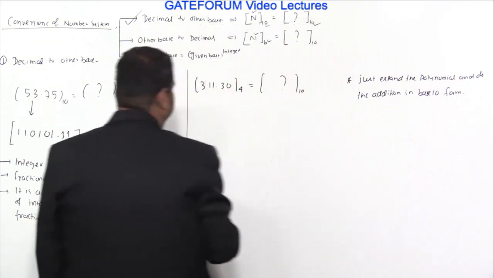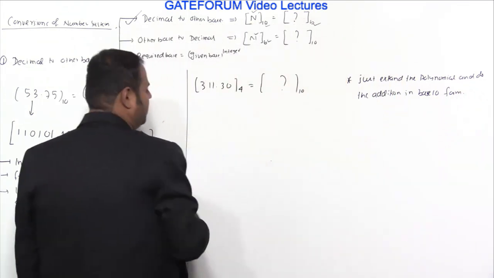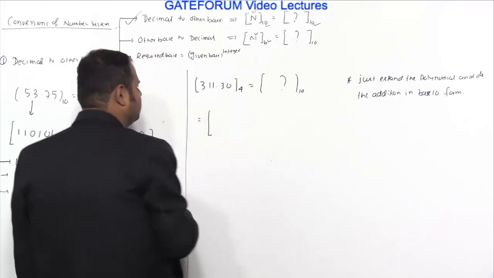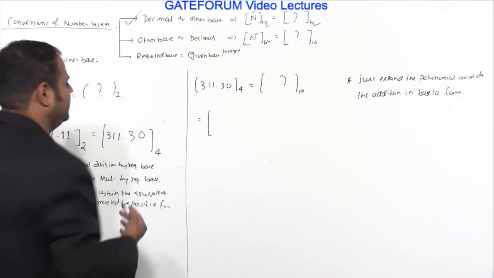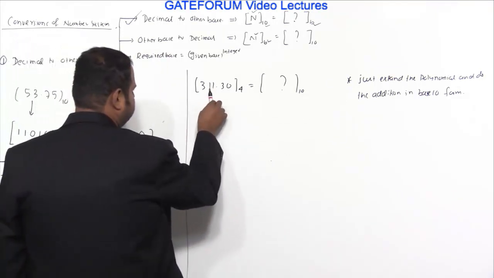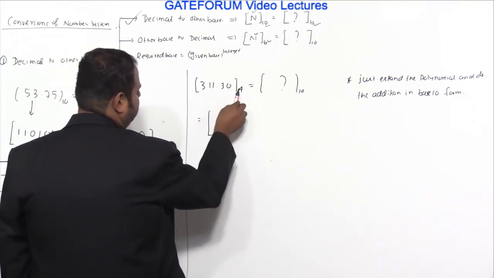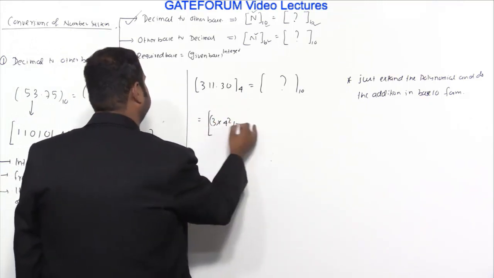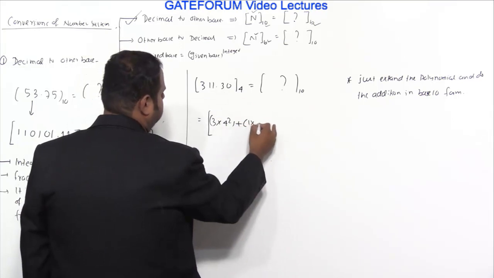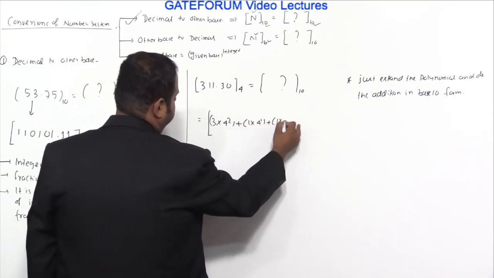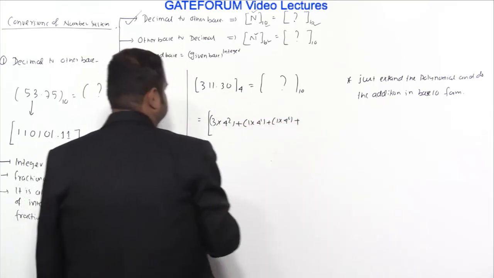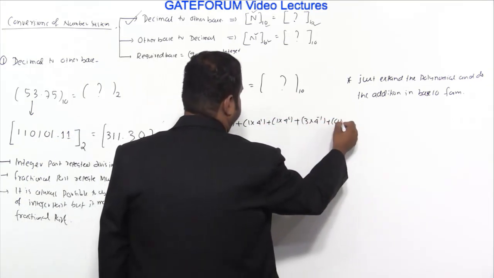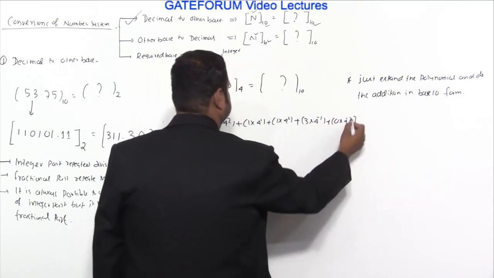What is the meaning of it? If somebody asks me to obtain the base 10 equivalent of this, I will expand it like this. How do you expand it? In the beginning itself I told you: b raised to power 0, b raised to power 1, b raised to power 2. Here b is 4. So this is 3 into 4 squared plus 1 into 4 raised to power 1 plus 1 into 4 raised to power 0 plus 3 into 4 raised to power minus 1 plus 0 into 4 raised to power minus 2.